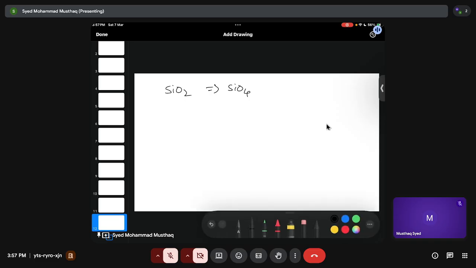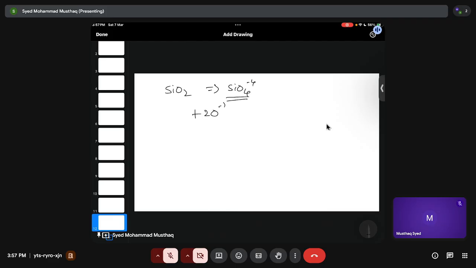So when we move on to the last part, what are we left with? SiO4 minus 4, right? That is what we are left with. So how many oxygens are required to finally get this structure? 2 oxygen ions, right?